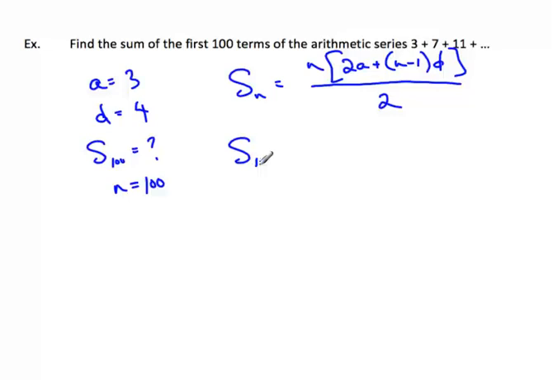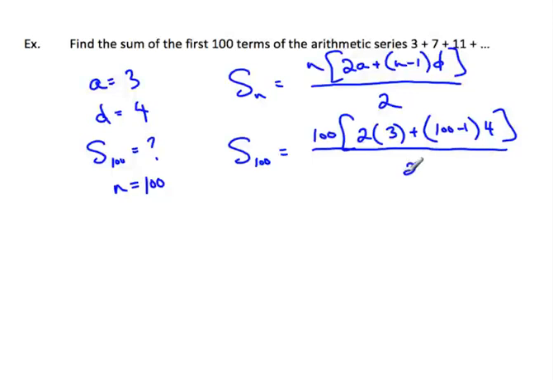So S sub 100 is equal to 100 times 2 times a, which was 3, plus n minus 1, which is going to be 100 minus 1, times d, which is 4, all over 2. Be careful of your brackets in your order of operations.